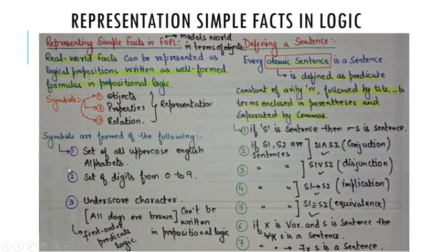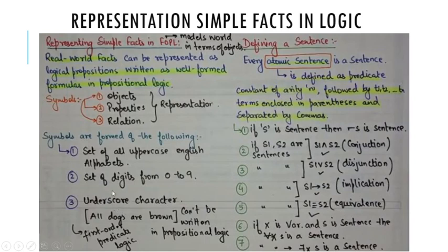So this one is the first form. Secondly, we can represent it with a set of digits, from 0 to 9. We can use such digits to represent or to make some logic from the sentence by using this symbol. Right? Third one, the underscore character.